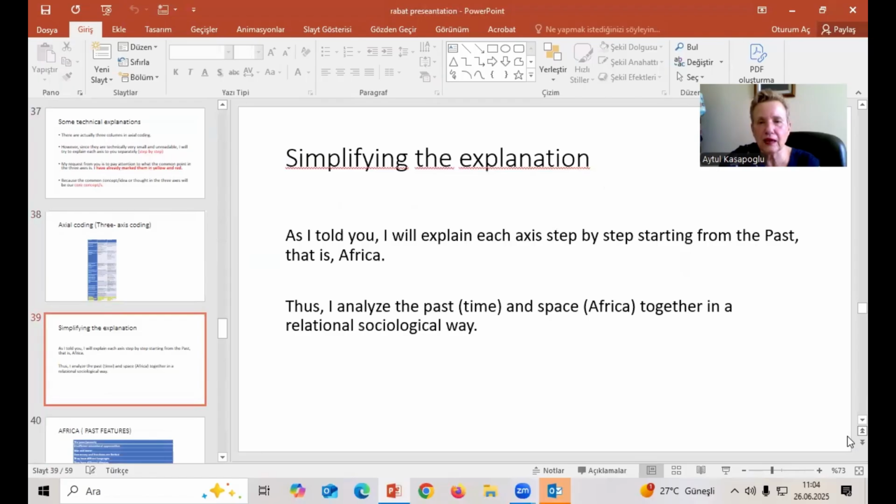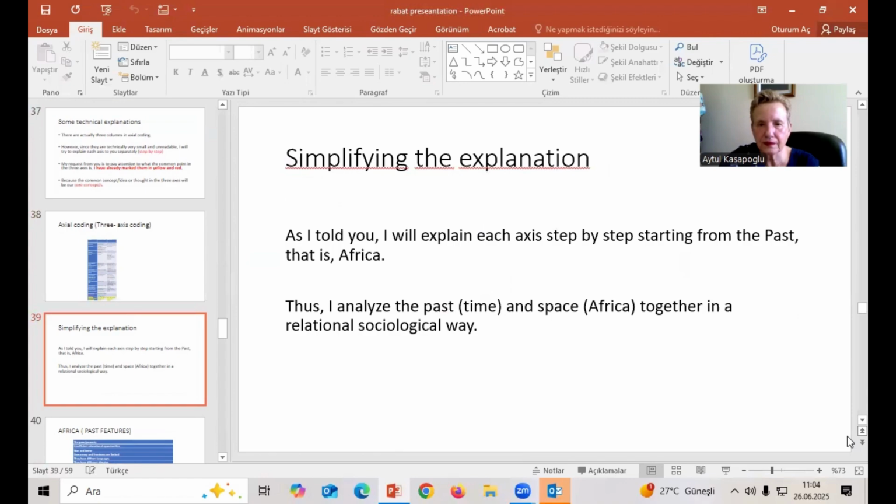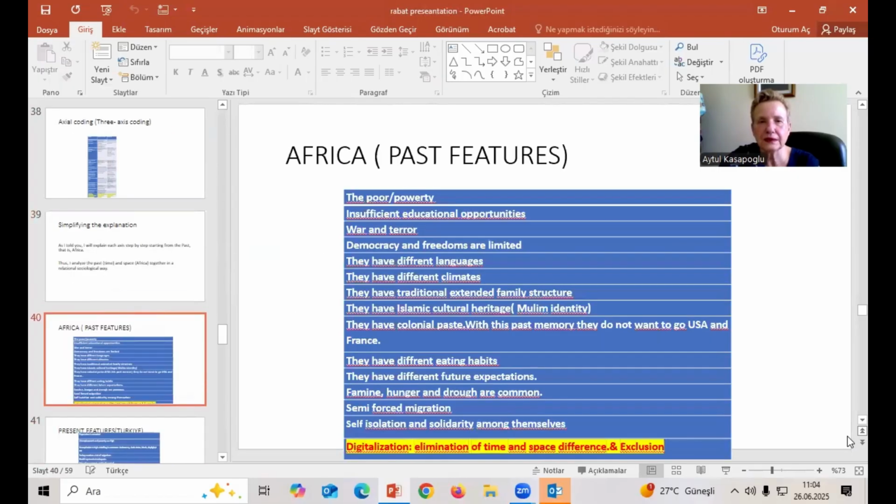As I told you, I will explain each axis step by step, starting from the past, that is Africa. Thus, I analyze the past as time and space, Africa, together in a relational sociological way. Africa past features poverty, insufficient educational opportunities, war and terror, and limited democracy and freedom.